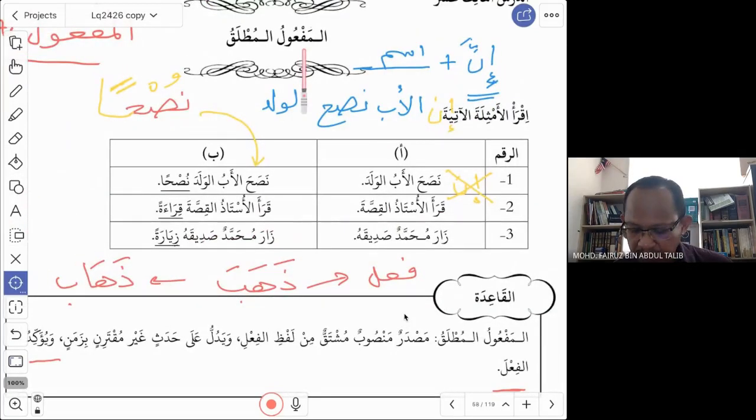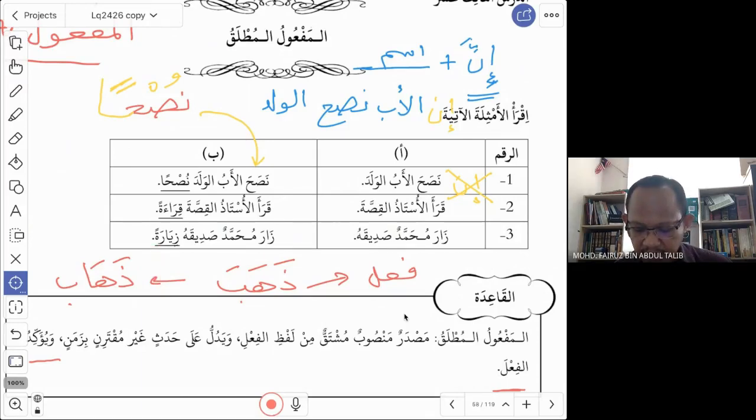So how do you use maf'ul mutlaq? You look at the verb, and then find the masdar in the dictionary. From the dictionary, they will tell you that the masdar of zara is ziyarah. You just put the word ziyarah at the end of the sentence.